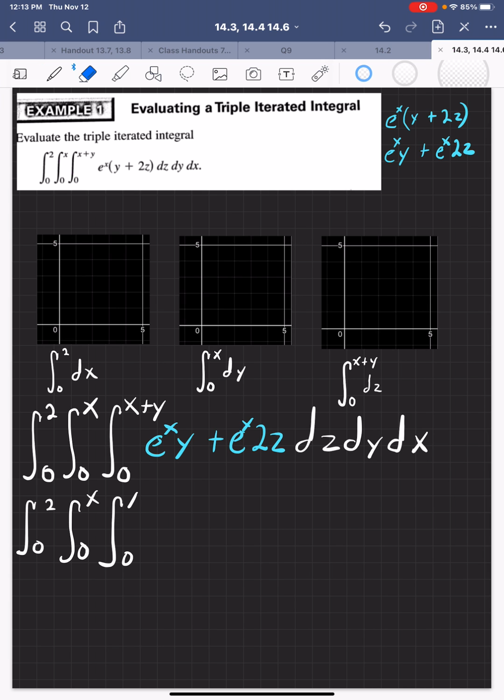Let me go ahead and get rid of my integral symbol. And so that's going to be e to the x yz plus e to the x z squared.